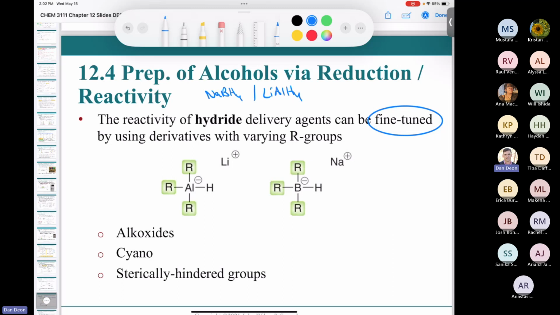Now, there's only one other one that we really see in this class, and it's at the very end of the class. I mean, in like the second to last week or something. We look at this one here. It's called NaBH3CN. So you just replace one of the hydrogens with a cyano group. This is called sodium cyanoborohydride.